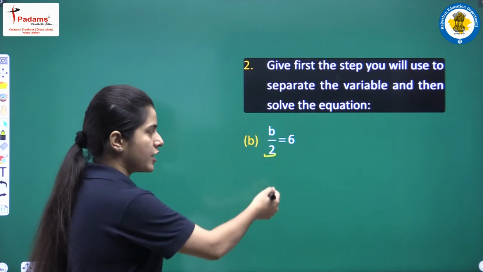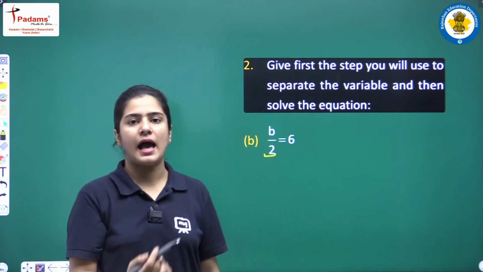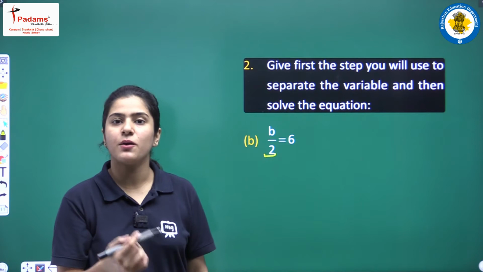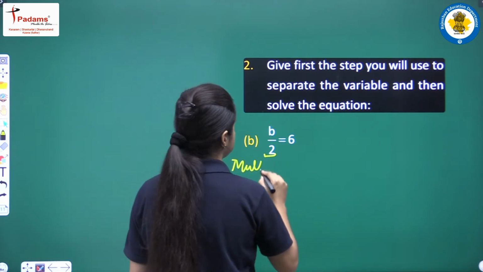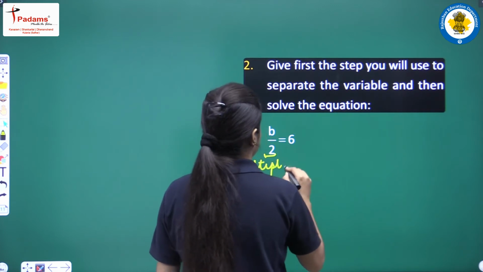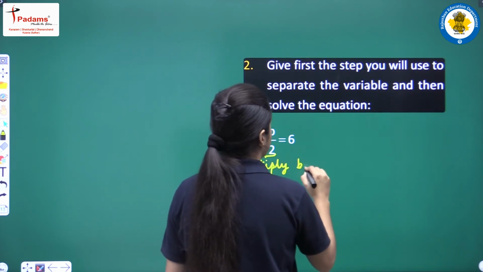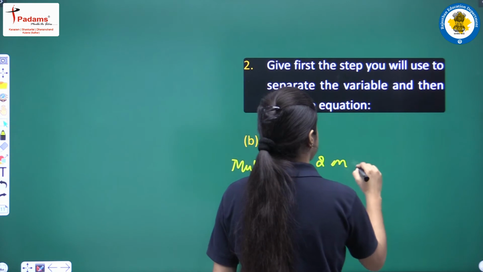If it is in division with b, then you will have to multiply on both sides. Okay, students? So multiply by 2 on both sides.